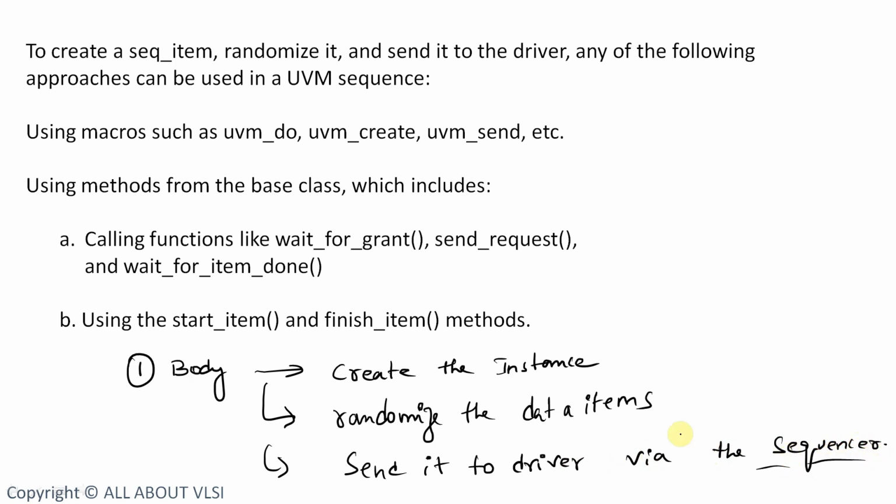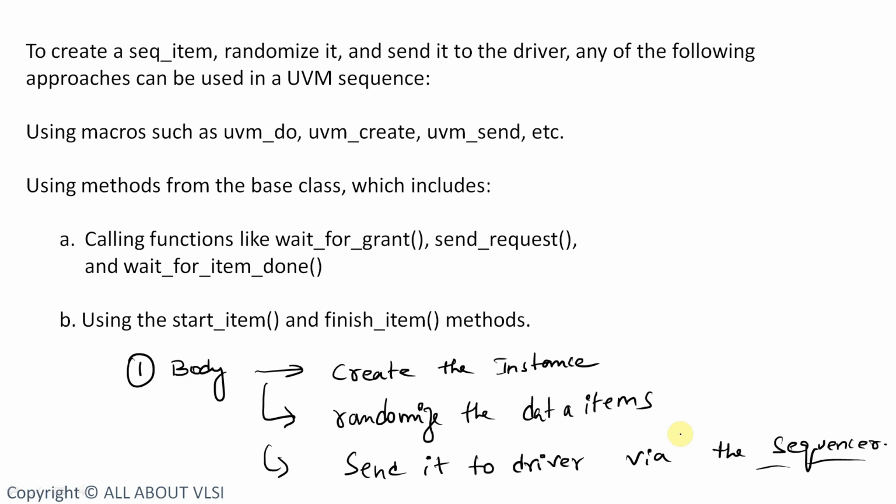These are the three steps we are going to follow: the first step is to create the instance, the second step is to randomize the data items, and the third step is to send the randomized data items to the driver via the sequencer. This is the intended functionality in the body task.